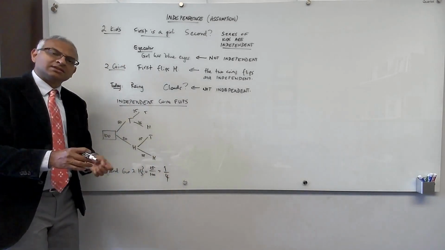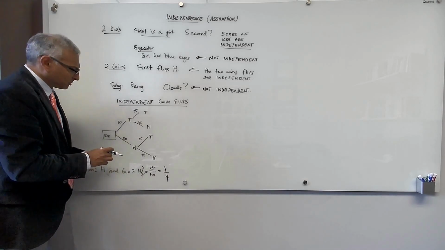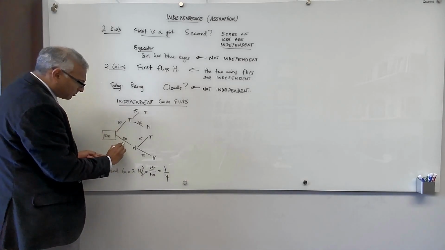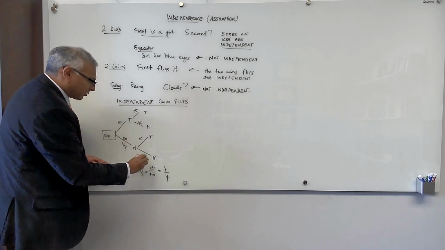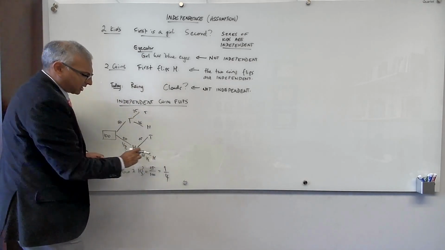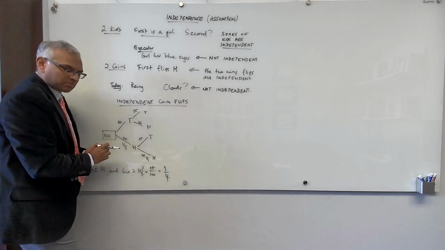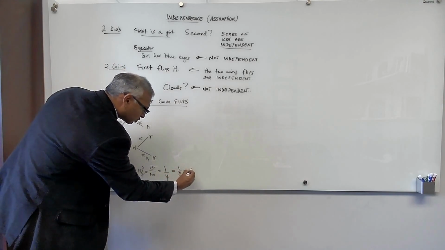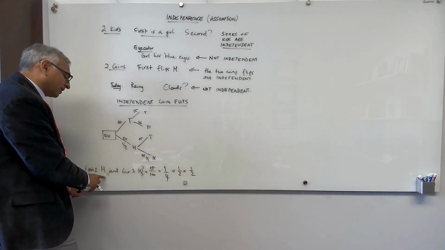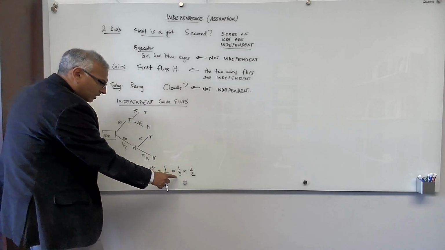Okay. And then when we did the mechanical approach to probability, we put edge probabilities 1/2 on all the edges, and then we multiply the edge probabilities to get the outcome probability. So 1/2 times 1/2 is 1/4. So we get the probability of coin 1 heads and coin 2 heads is 1/2 times 1/2.